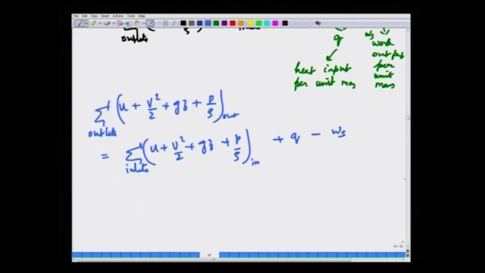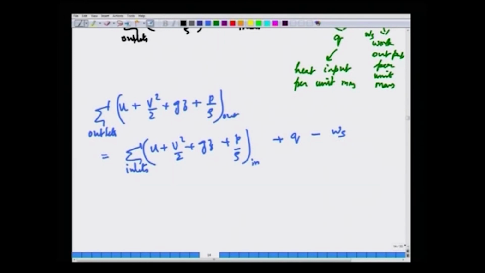Okay. Now, this is the energy of the fluid at the outlet, and in some sense this is the energy of the fluid at the inlet. Why does the energy of the fluid at the outlet change? It could change from the energy of the fluid at the inlet, because you are transferring heat into the CV or you are taking out work from the CV.